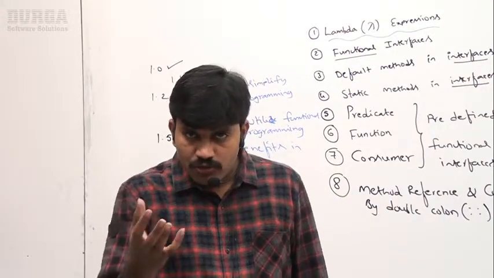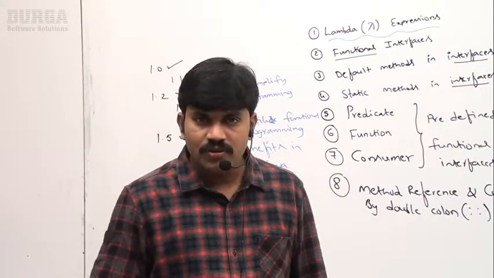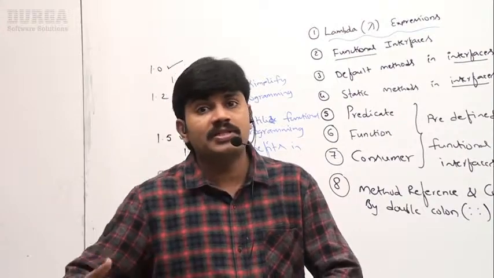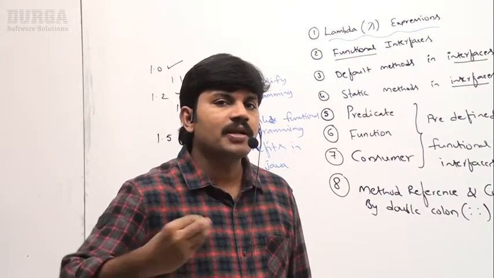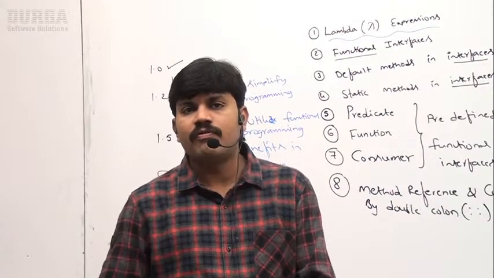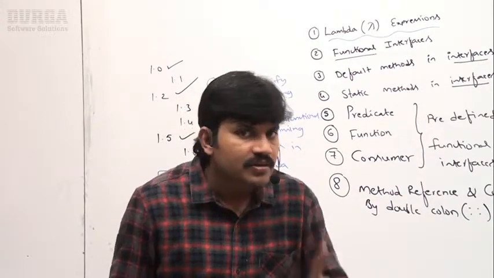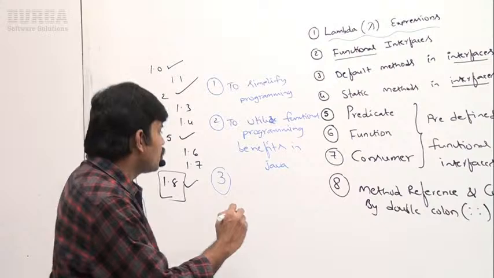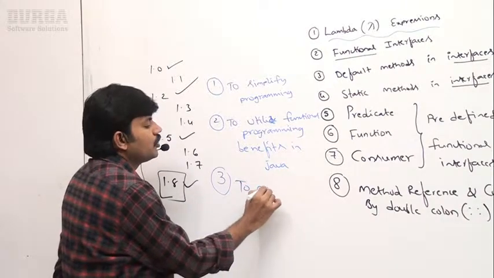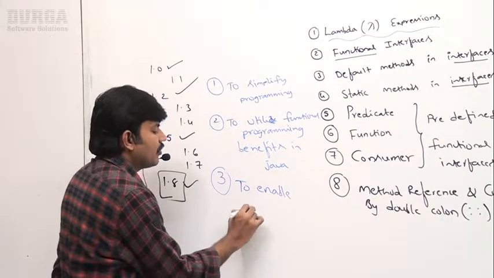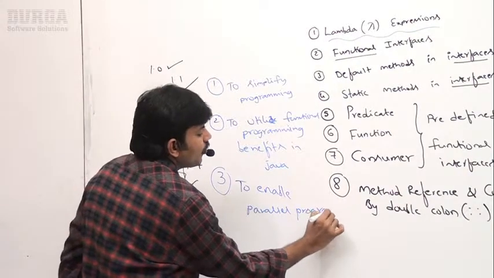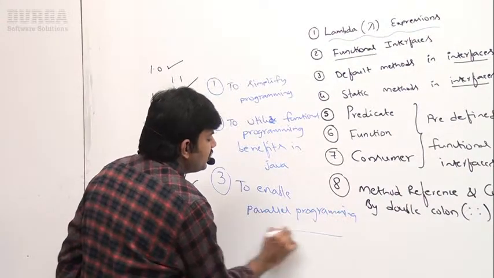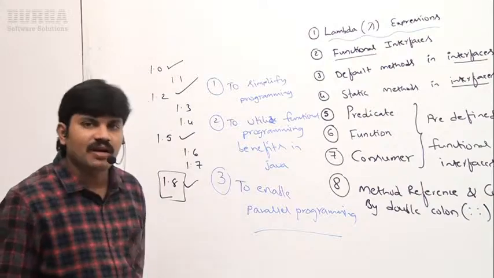Are you getting it? So, to write code compatible with the newer, upgraded things in the hardware world, these newer versions came, to enable parallel programming, or parallel processing, in Java.